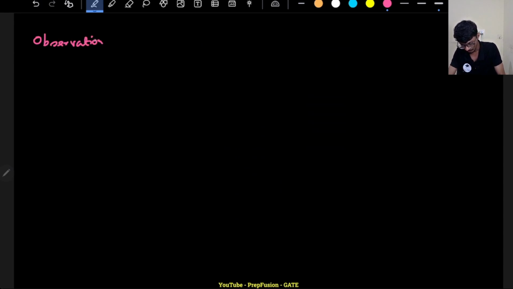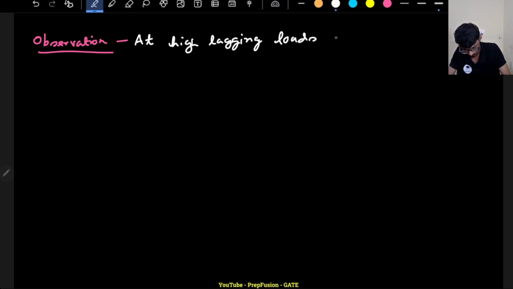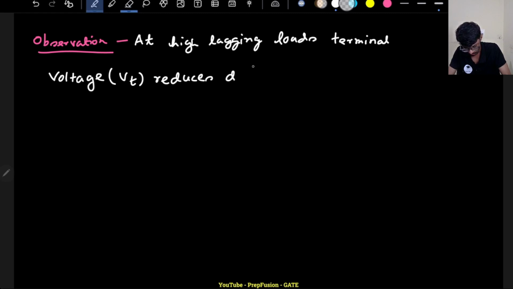Observation: at high lagging loads, terminal voltage Vt reduces drastically.